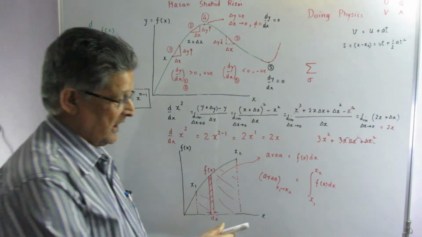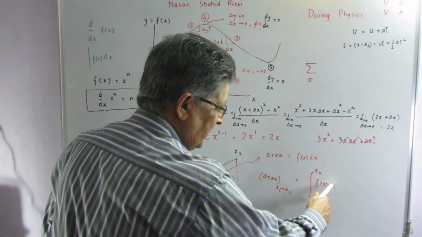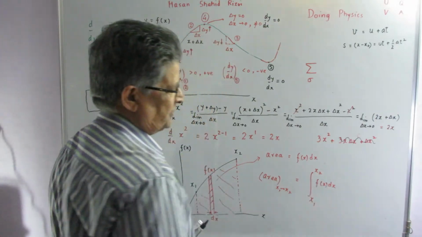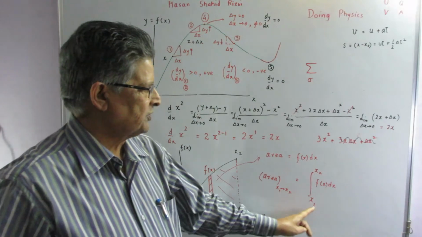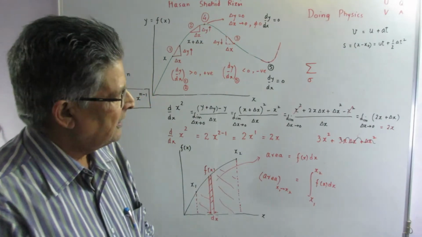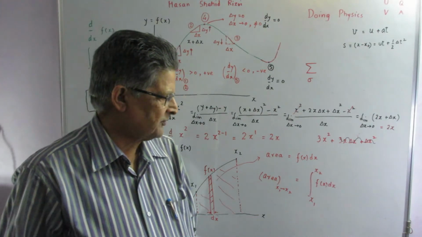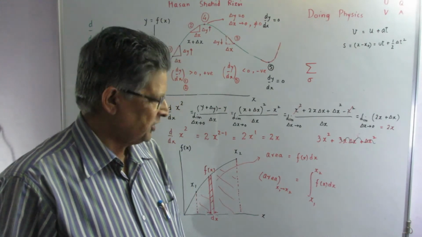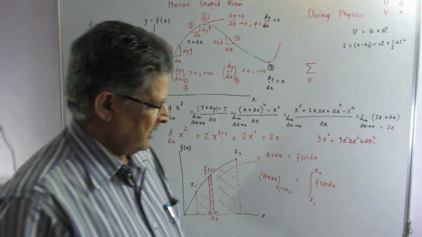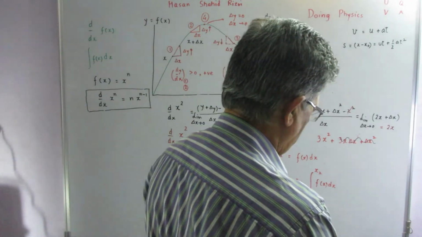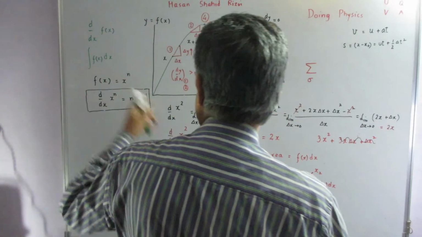Mentally you must read it as integral dx of function x, not integral f(x) dx, between the limits x1 and x2. If the limits are not there, then you will have to add a constant which is obtained by the boundary conditions.